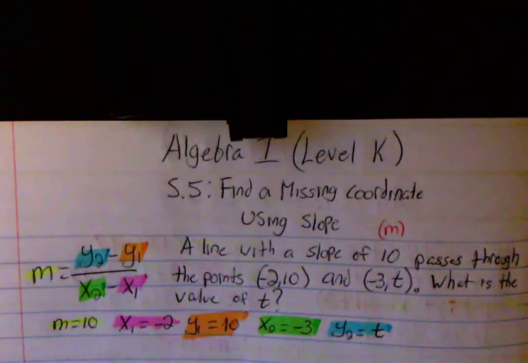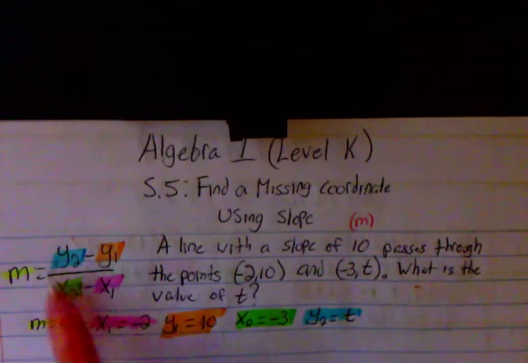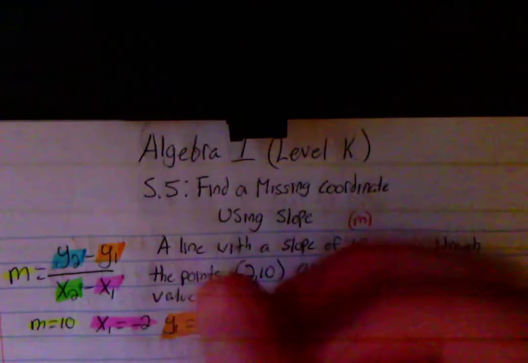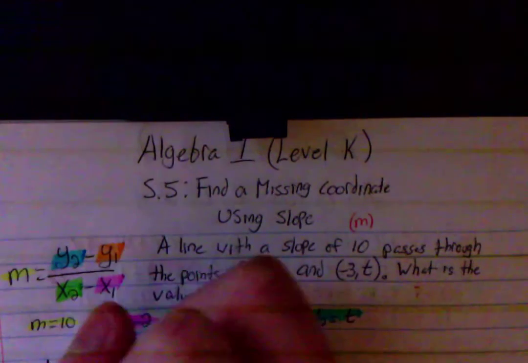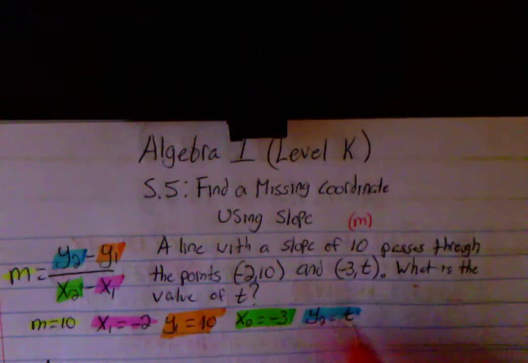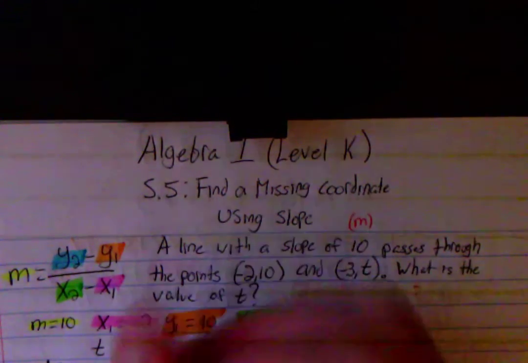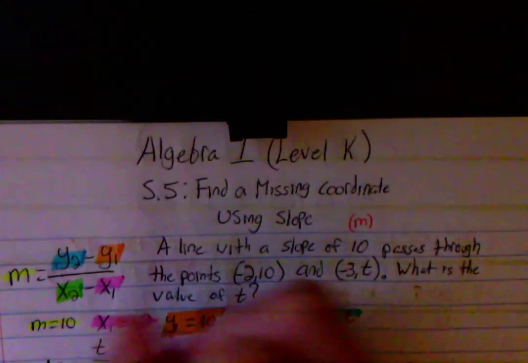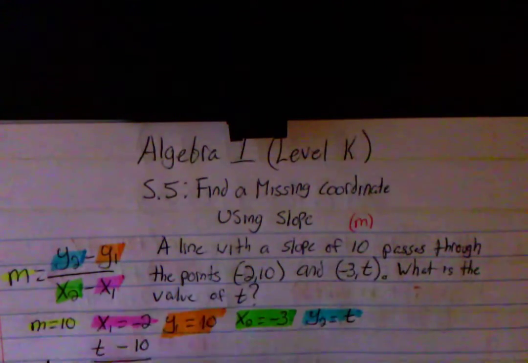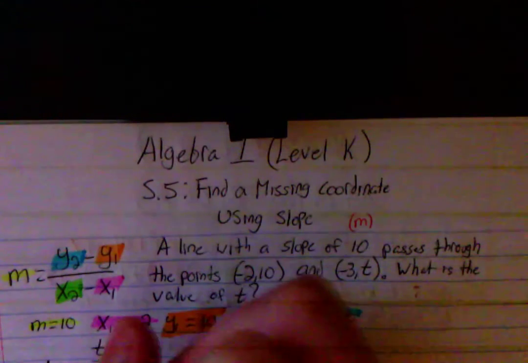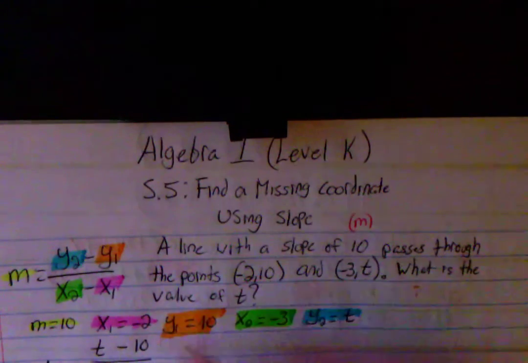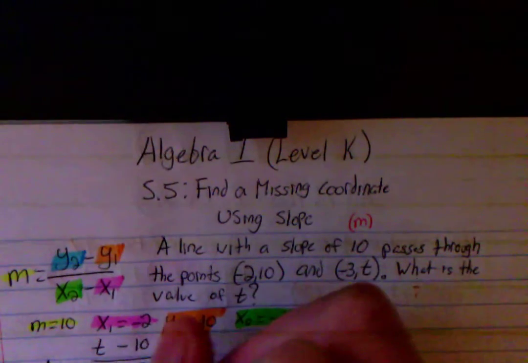I then substitute each color into the formula. So I would have 10 equals our y2 is t, minus our y1 is 10, divided by our x2 is -3, and our x1 is -2.